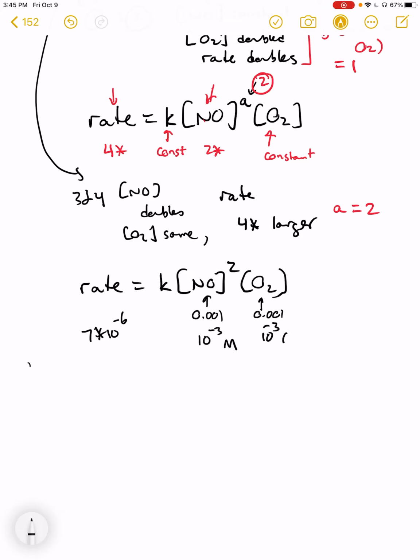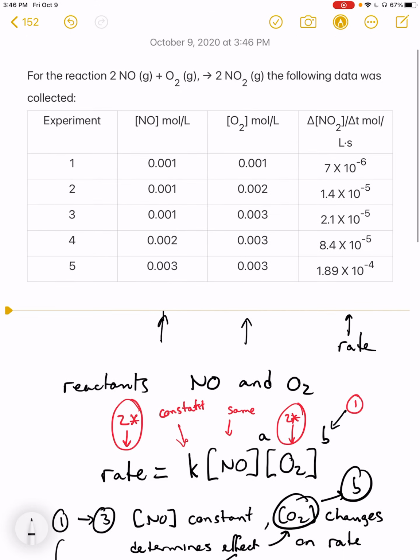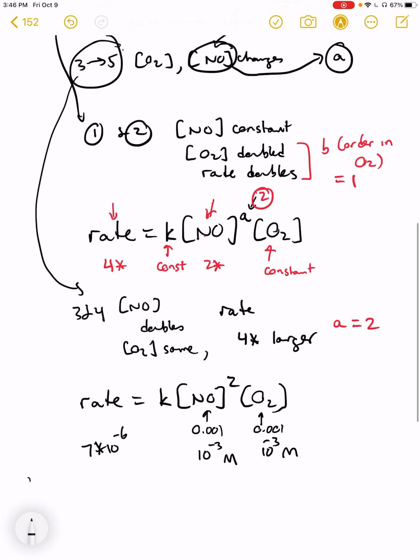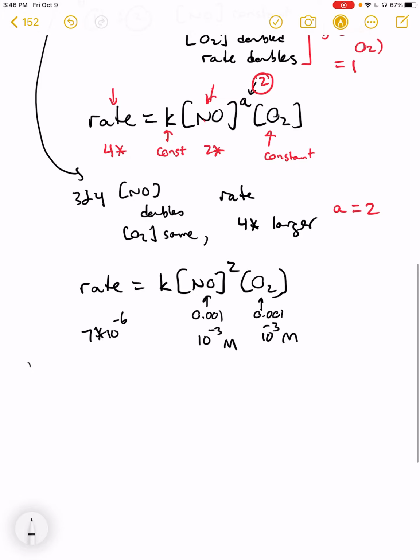This is going to be a unit of molarity also, right? And my rate is in moles per liter second, or in other words, molarity per second, okay? So I'm going to rewrite this to solve for K. My rate is 7 times 10 to the negative 6th molarity per second.